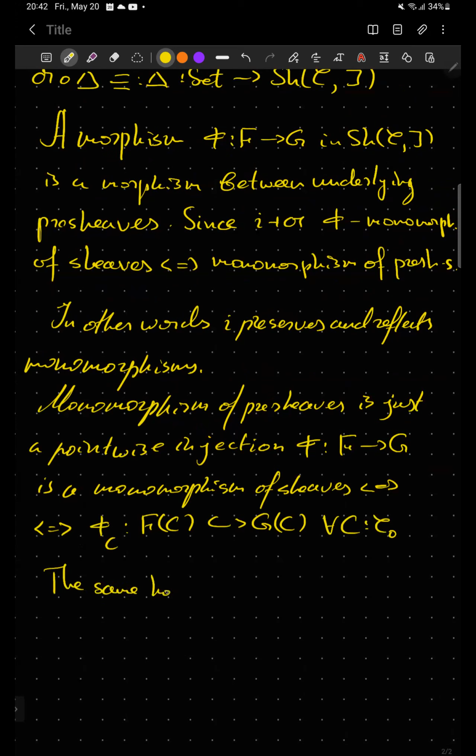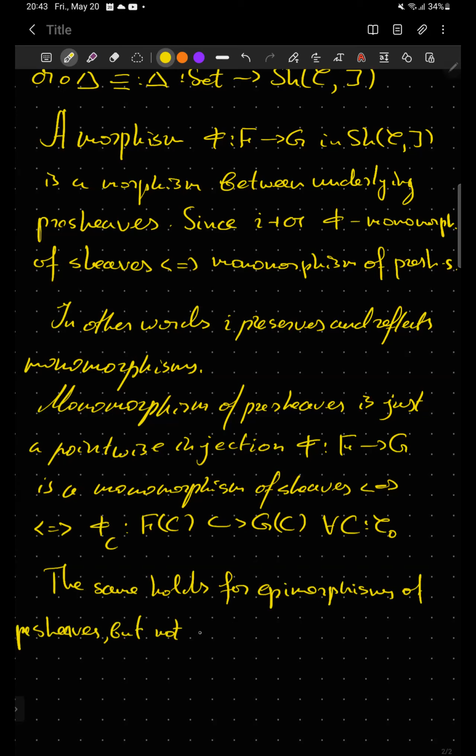The same holds for epimorphisms of pre-sheaves, but not for sheaves. Pre-sheaves, sorry.